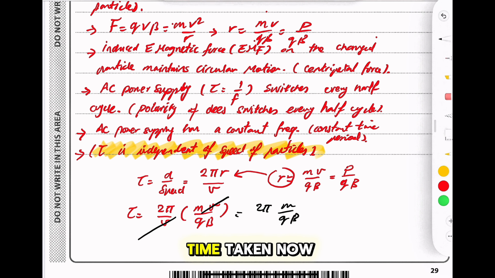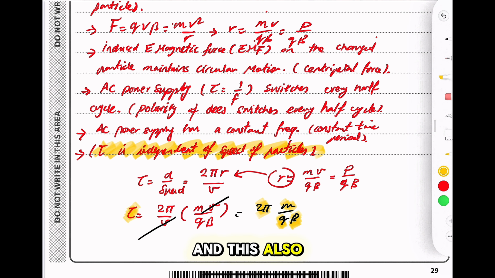It means the time taken now depends on what? The time taken, or the period, depends on the 2 pi, which is constant, and the mass of the electric charge, whether proton or electron, which is always constant, and the q, which is the charge of the particles in coulombs, constant, and B, which is the value of the external magnetic field.